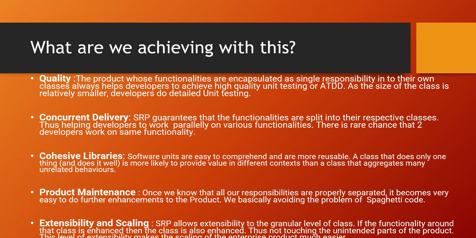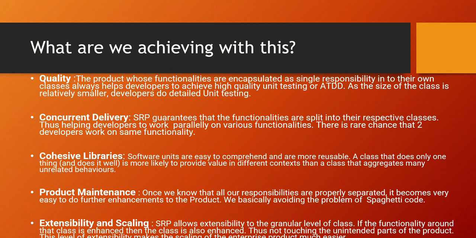Now, concurrent delivery, the next part. SRP guarantees that the functionalities are split into their respective classes, thus helping developers to work in parallel on various functionalities. There is a rare chance that two developers work on the same functionality, because when we get the user stories, usually they are independent requirements which two developers can work on in parallel.